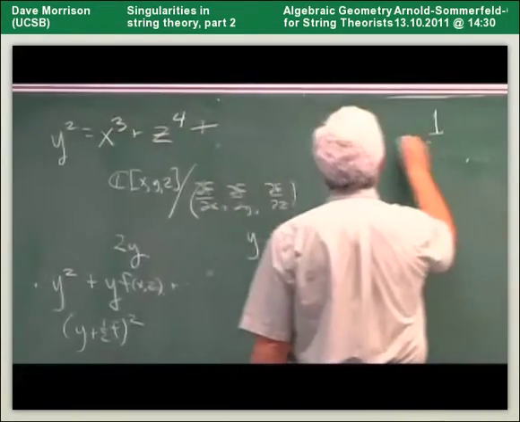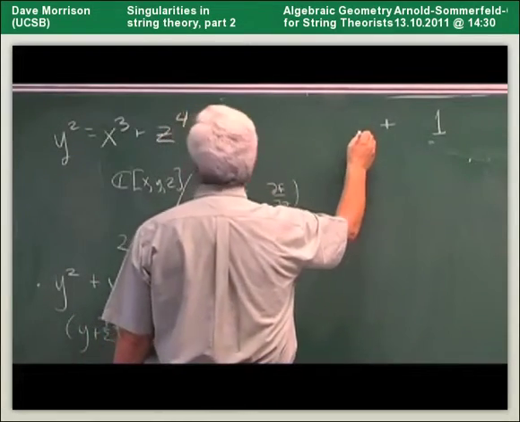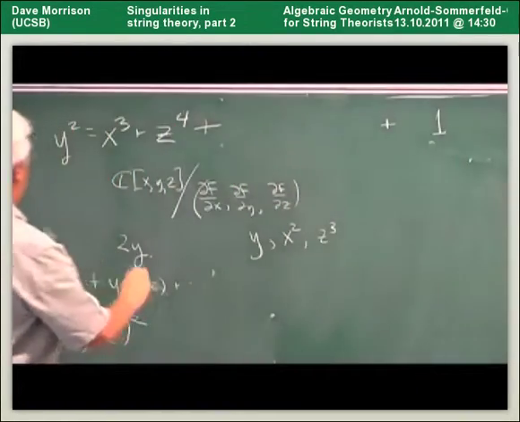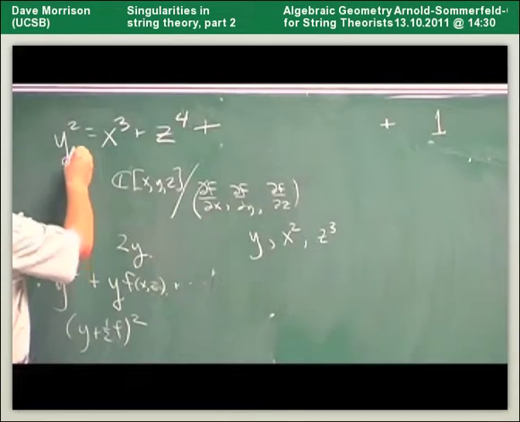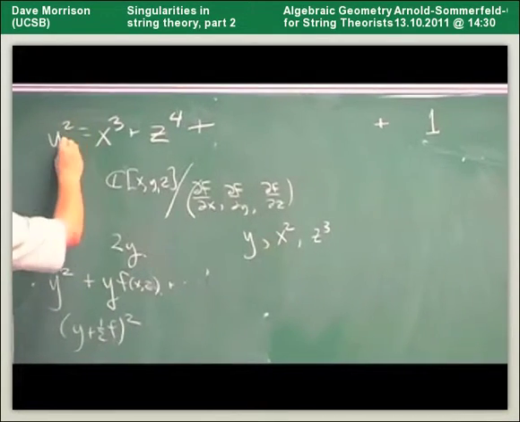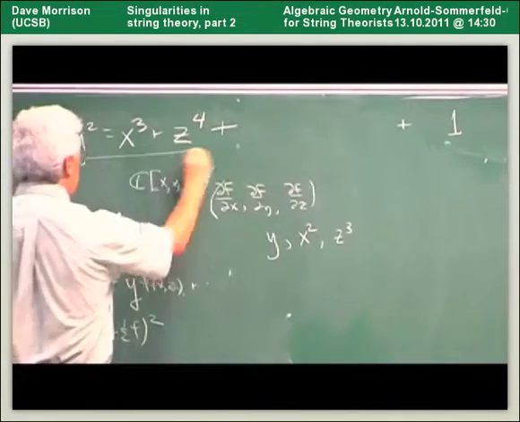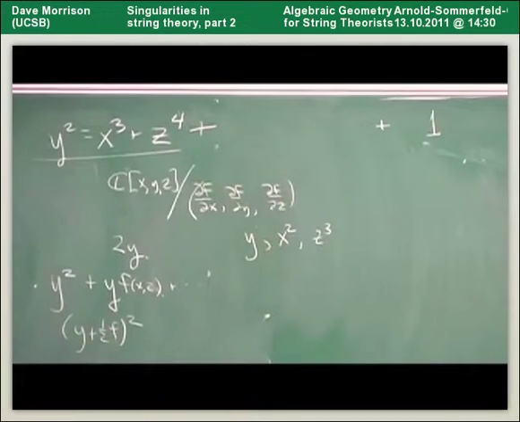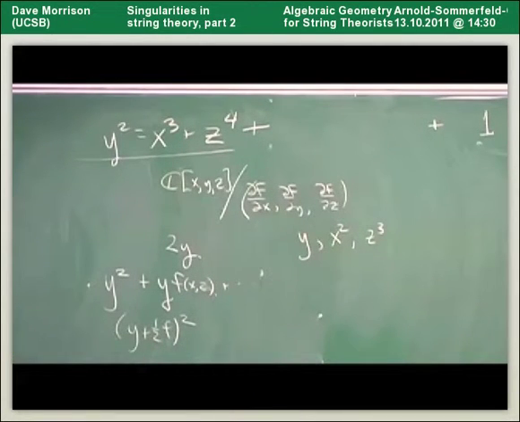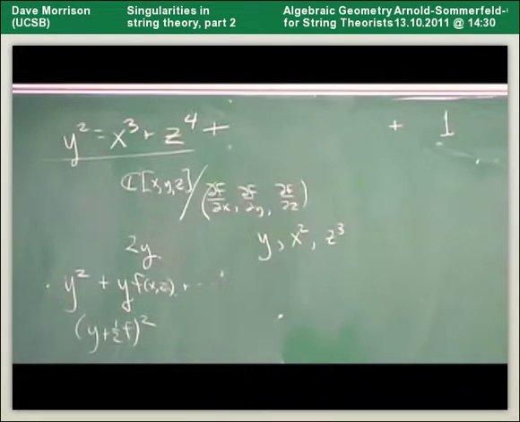I have the constant term. I have... the reason I'm writing it slowly is that I'm going to want in a second to do something. Let me just tell you what I'm about to do. I want to choose a weighting on those variables, a little bit analogous to what happened in the Puiseux expansion examples last time, to make the whole thing quasi-homogeneous.